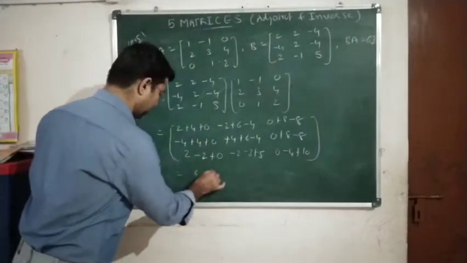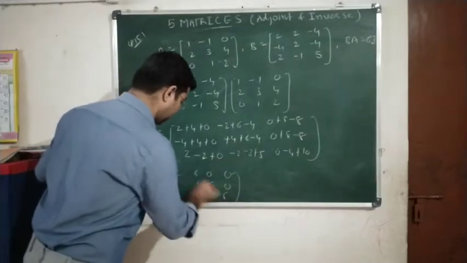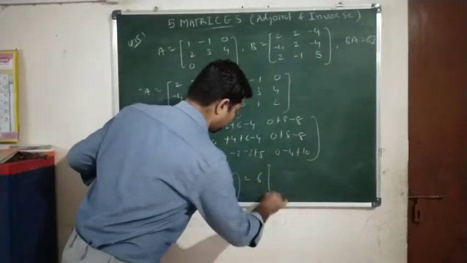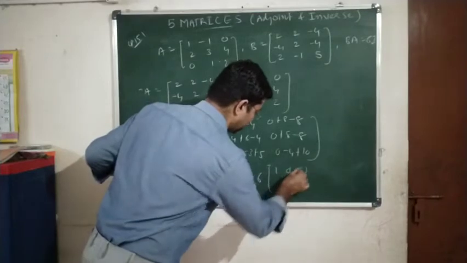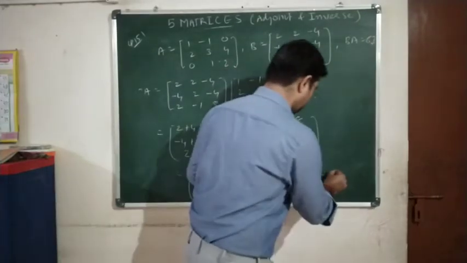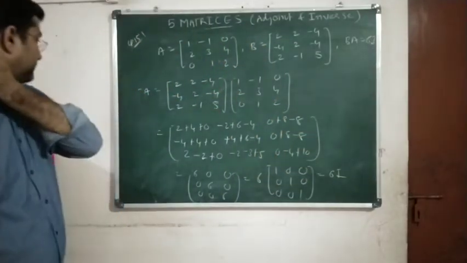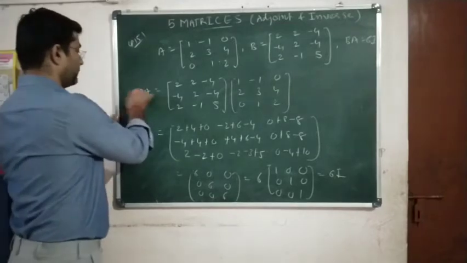Okay, so we'll get 6 0 0 0 6 0 0 0 6. Taking 6 common, we get 6 into 1 0 0 0 1 0 0 0 1, which is equal to 6I, hence proved. Okay, so the first result is proved.